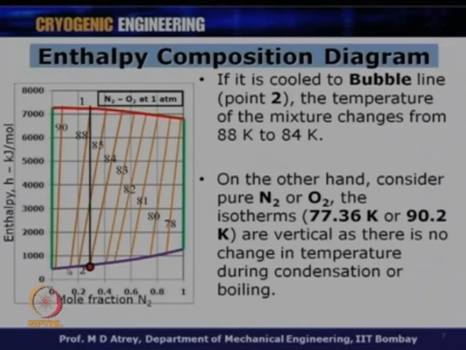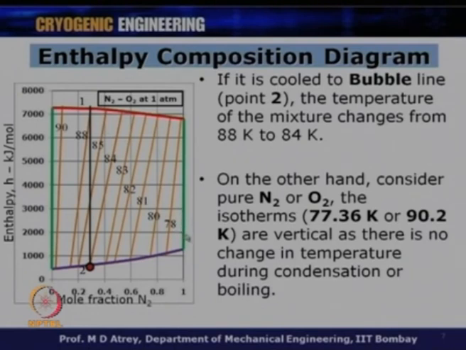Here, if I have a mixture at this point, which is the 90.2 Kelvin line, you can see that this line is vertical, which means that whenever there is a single component, oxygen in this case, nitrogen in this case, this line is not inclined, it is vertical. Why? Because there is a single component, and whenever a phase transformation happens for a single component, the temperature remains constant.